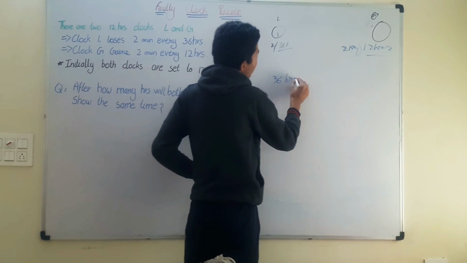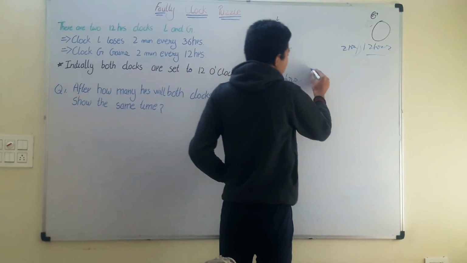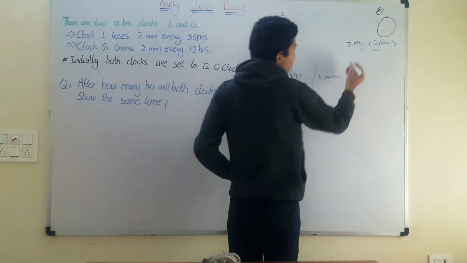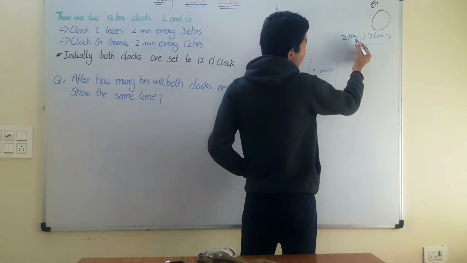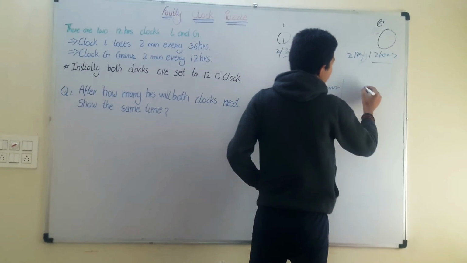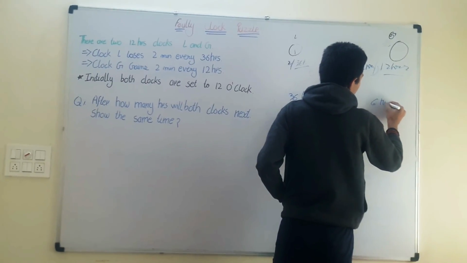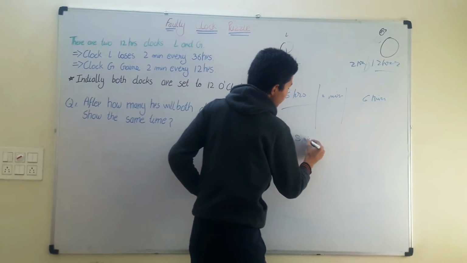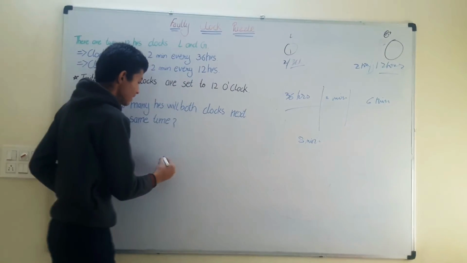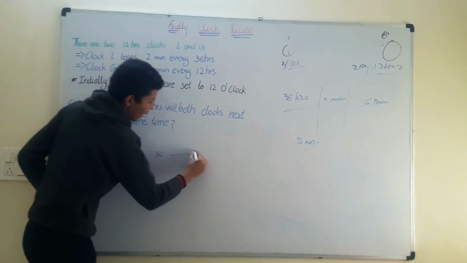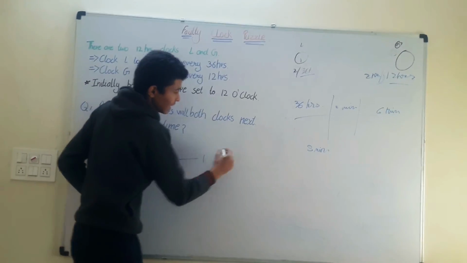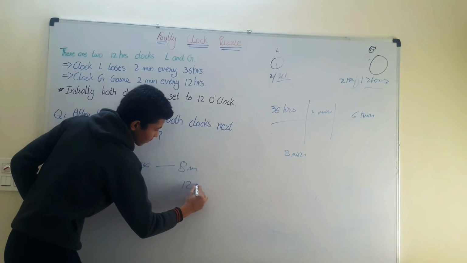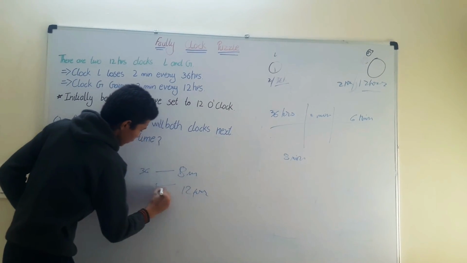So let's take a duration of 36 hours. Clock L will lose 2 minutes and clock G will gain 6 minutes. So the difference between them is 8 minutes. So now we have to do: 36 hours is to 8 minutes, and we have to find out for 12 hours, that is equal to question mark.